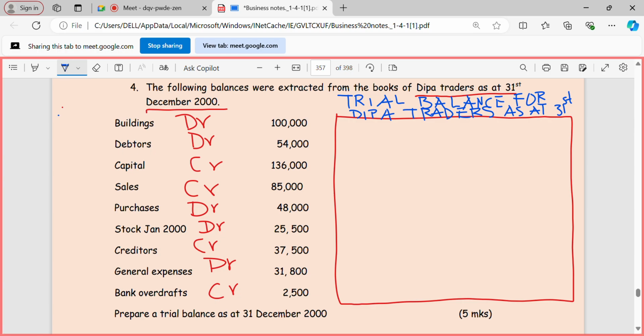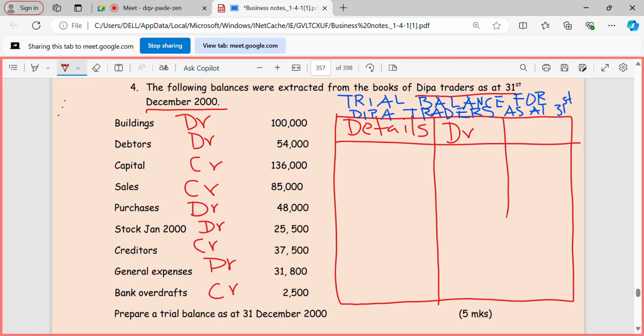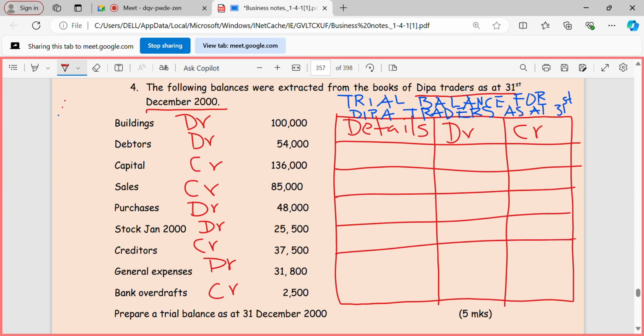So let's write the title: trial balance for Deeper Traders as at 31st December 2000.